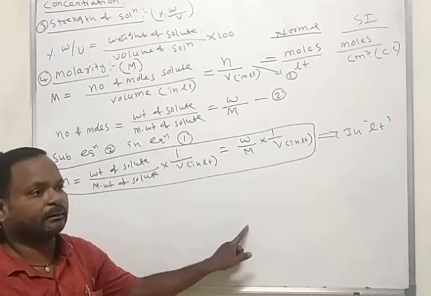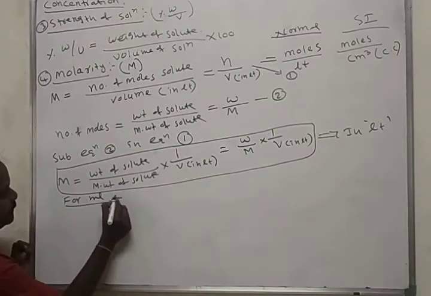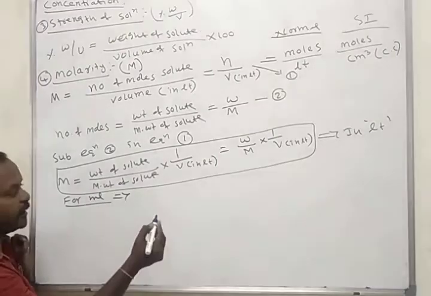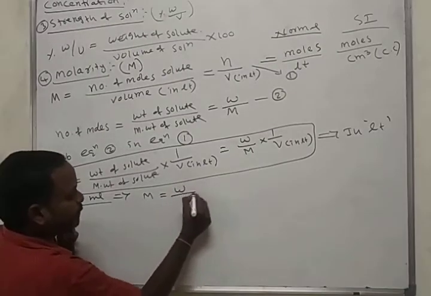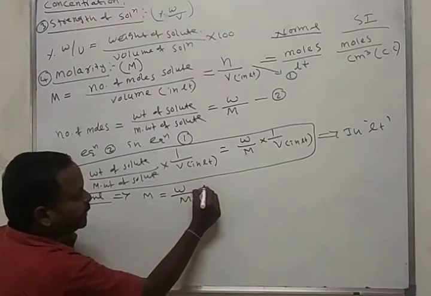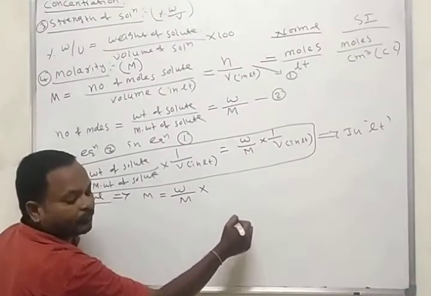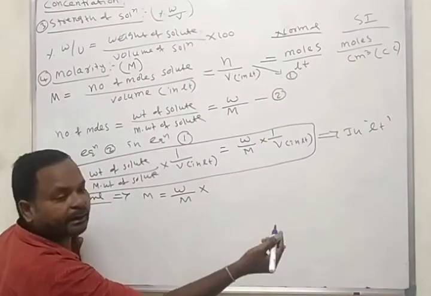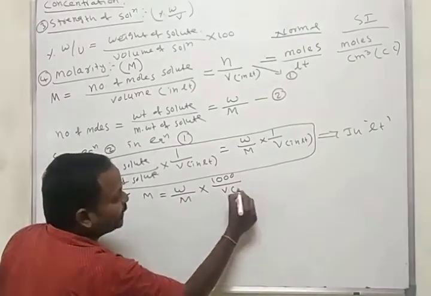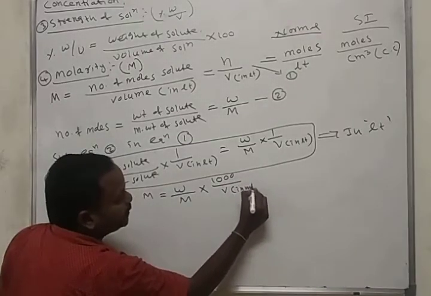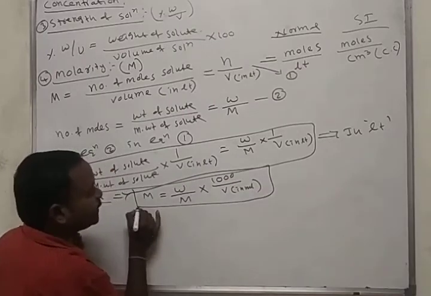What is the principle for milliliters? M is equal to W by M into 1000 by V, with V in milliliters. This is the principle for molarity.